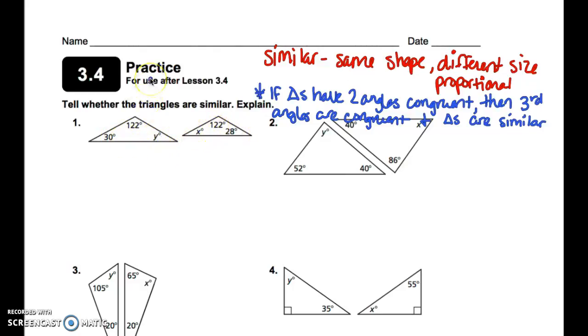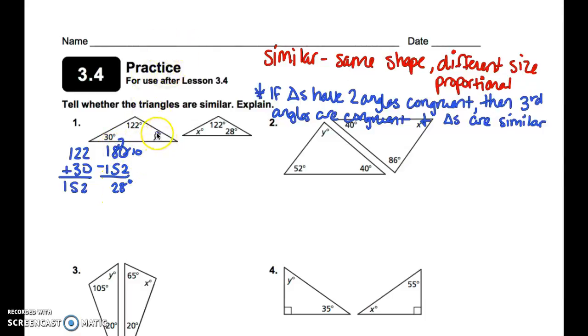So remember, the angles inside of a triangle have to add up to 180. So I'm going to work on this bigger triangle first. 122 plus 30 is 152. And 180 minus 152 is 28.